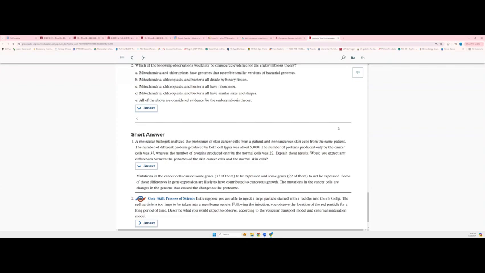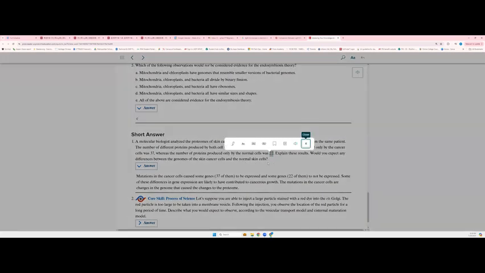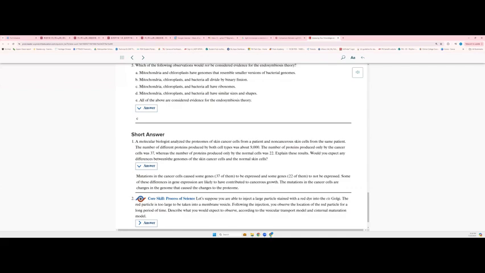And that's why they're different, because cancer cells can express 37 proteins, and normal cells can express 22. The number is different, which means the gene is different. The gene in the cancer cell is different from the regular cells.